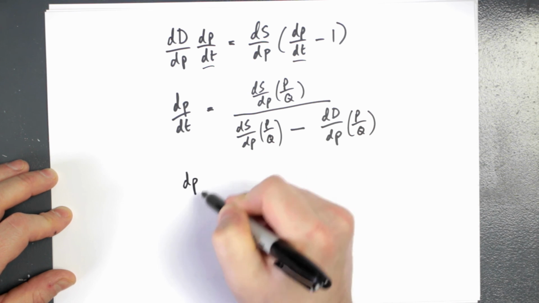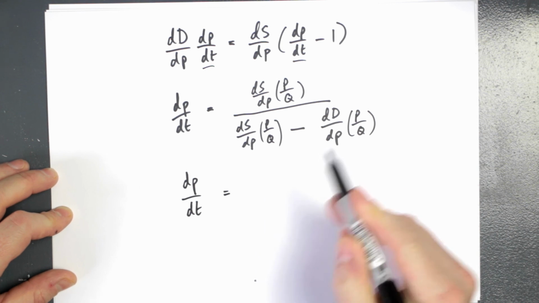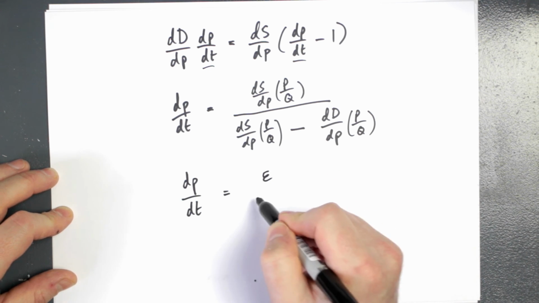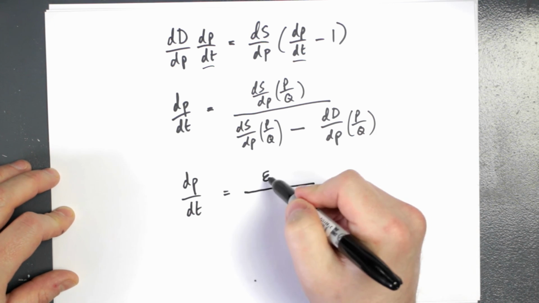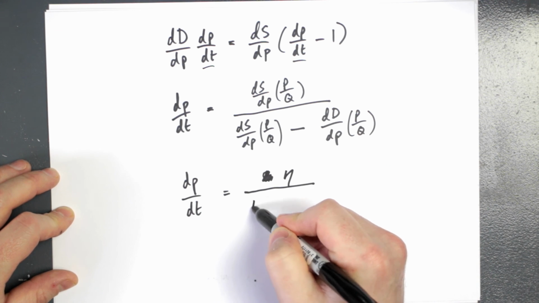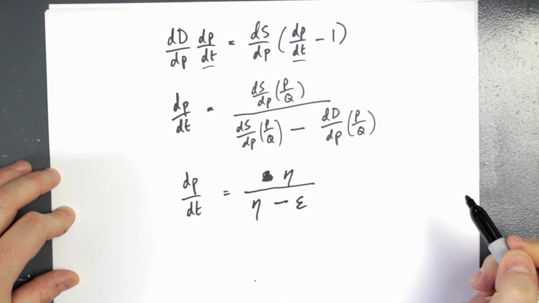And we get the equation: the derivative of the equilibrium price with respect to the tax rate is equal to price elasticity of supply divided by price elasticity of supply minus price elasticity of demand.